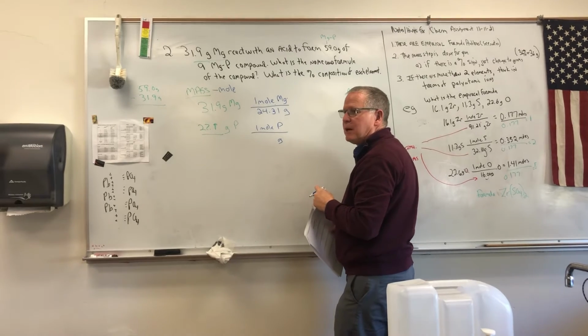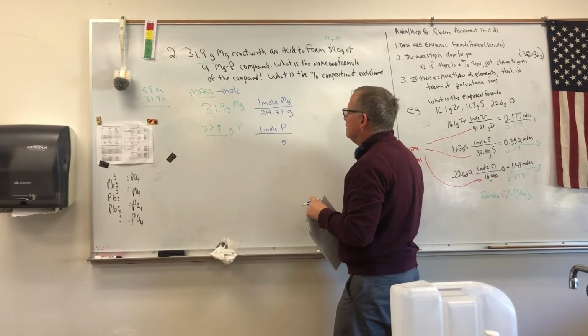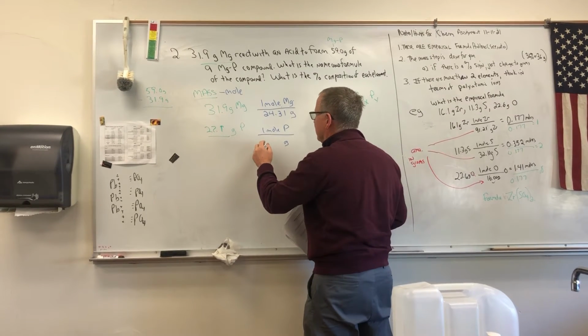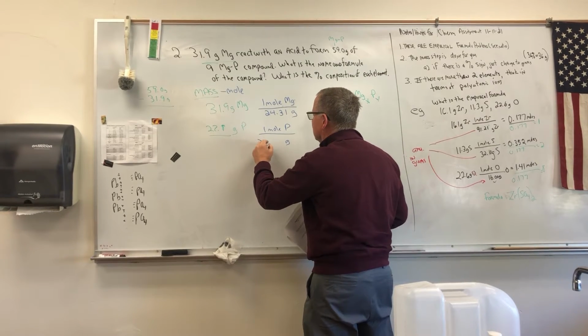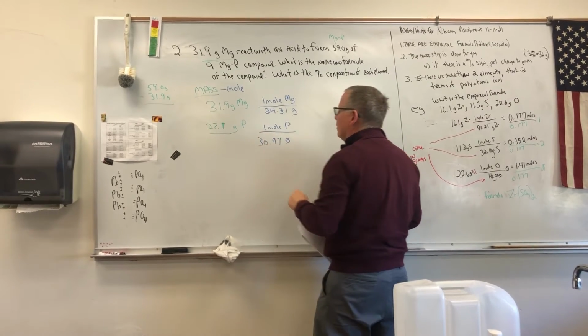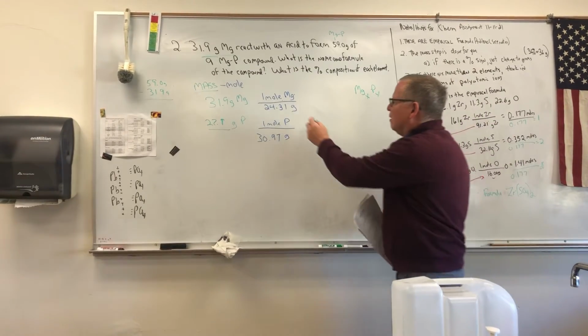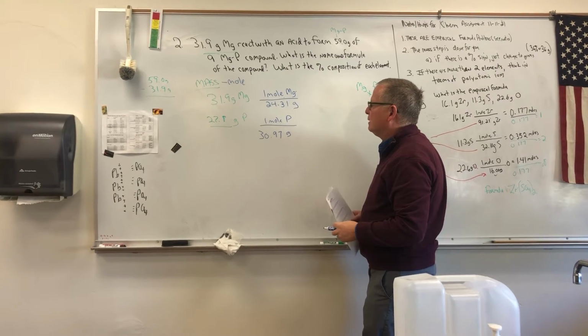You can use my big table if you ever need to. Thank you. 30.97 grams. Again, these are AMUs right off the periodic table. You don't have to memorize those, you can use the periodic table.